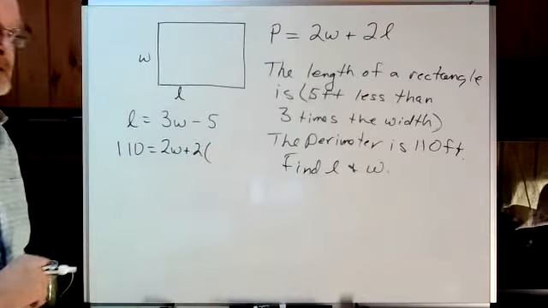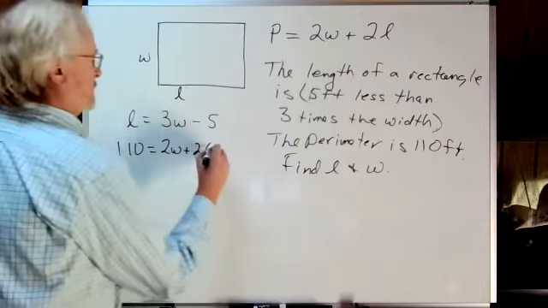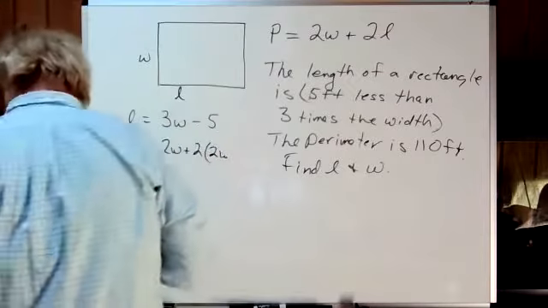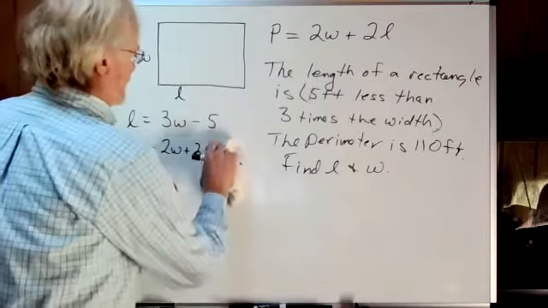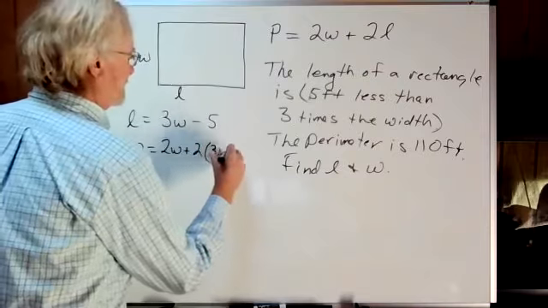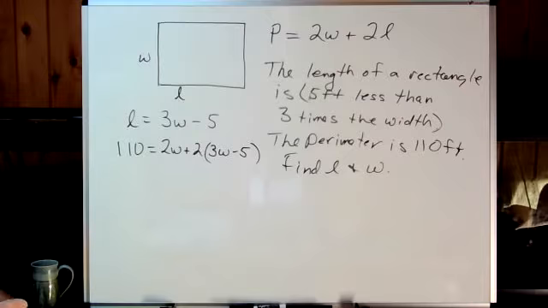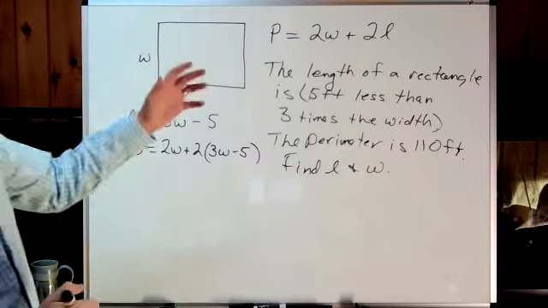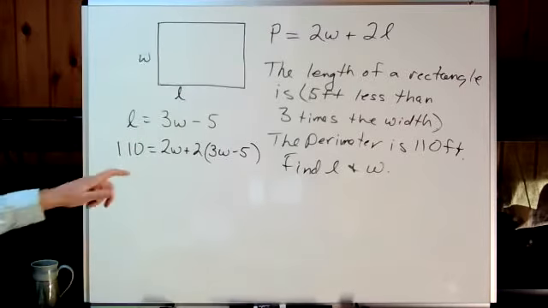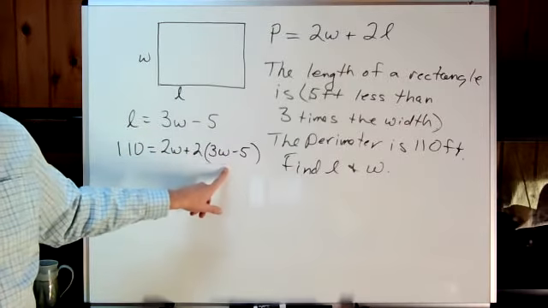I'm going to need parentheses because I'm going to need to multiply that whole expression times 2. Take a look at that. That makes sense. There was my original formula idea: 2 widths plus 2 lengths, and there's my expression for length.